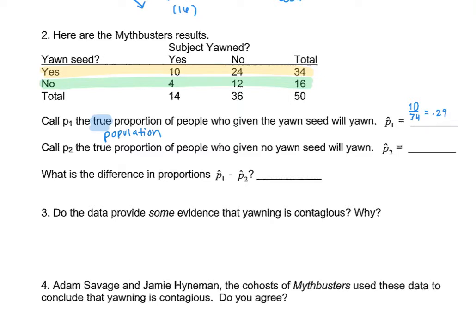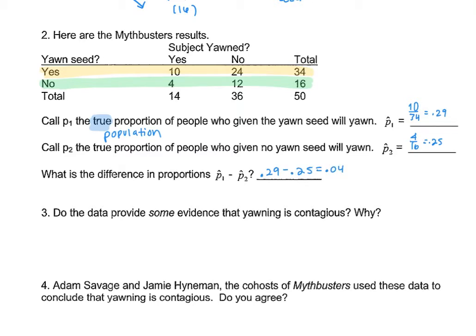And then p2 is the true proportion of people who, when given no yawn seed, will yawn. And that was 4 out of 16, which was 0.25. So the difference in the proportions was 0.29 minus 0.25, which is 0.04.